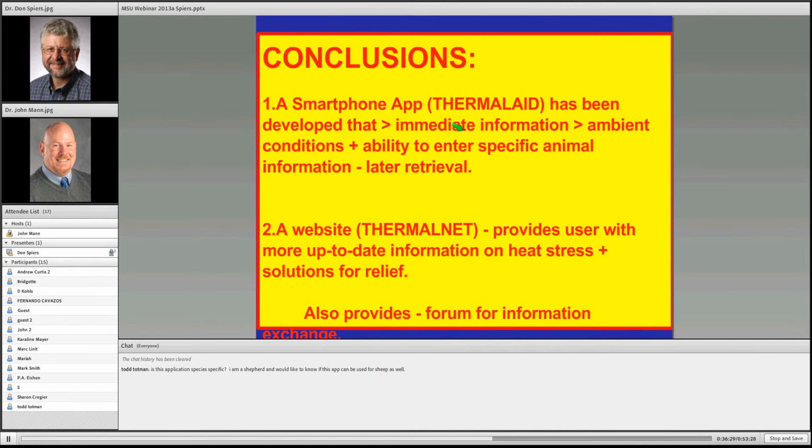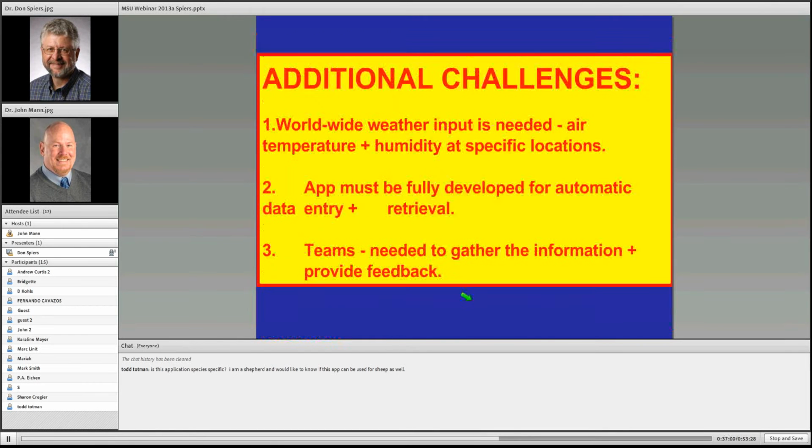Thermal Aid will be out there in the very near future to give you immediate information on the ambient conditions, and then the ability to enter specific animal information for later retrieval that identifies specific animal situations where one animal is heat stressed more than another, but also the ambient conditions and how that affects the herd. We have a website, ThermalNet, that will connect to this, that also can be accessed individually, that will give you even more information on what to do with heat stress and how to relieve that. And also we provide a forum for information exchange.